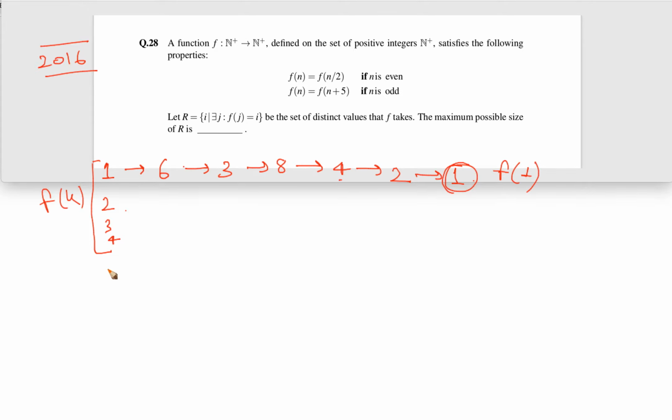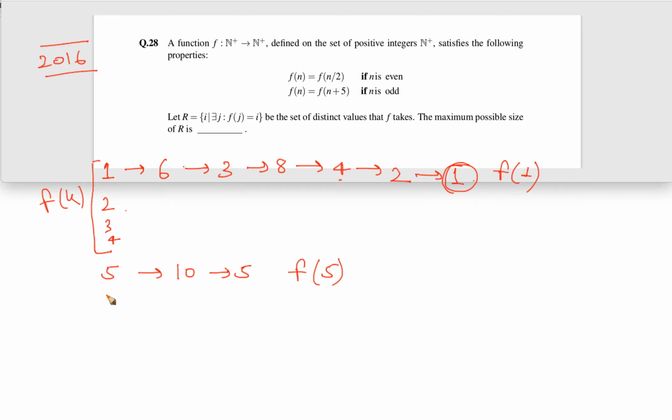Now what is 5? 5 is going to 5 plus 5, 10. 10 is even, it is going to 10 by 2, 5, and you can get the idea that the loop is again happening. So basically there is only one value, the smallest one, let's say f(5).